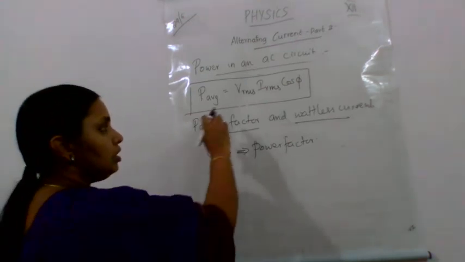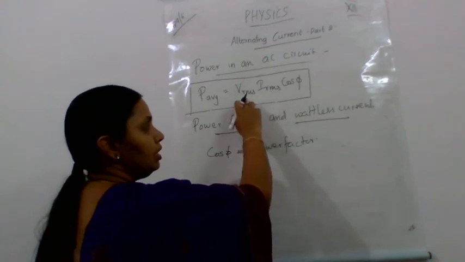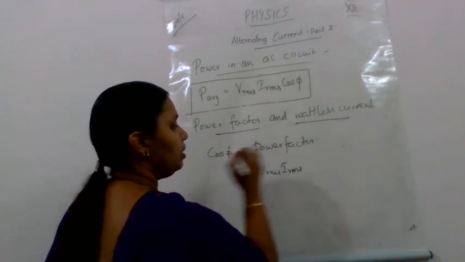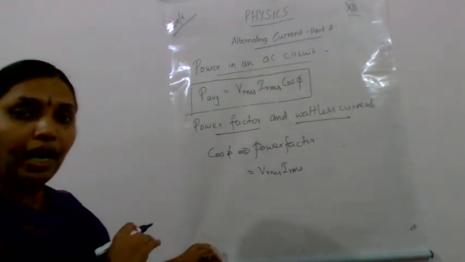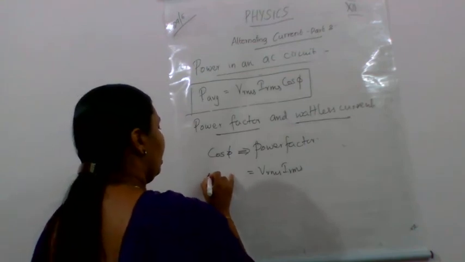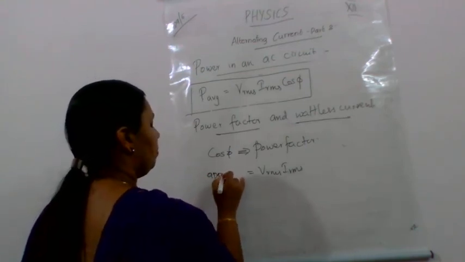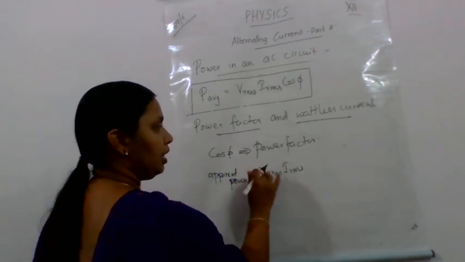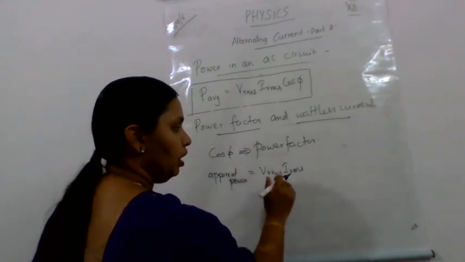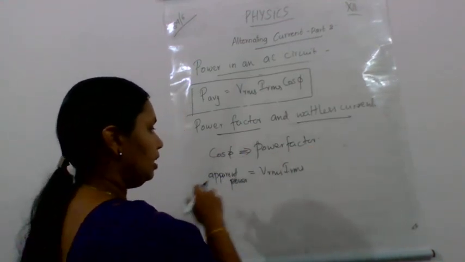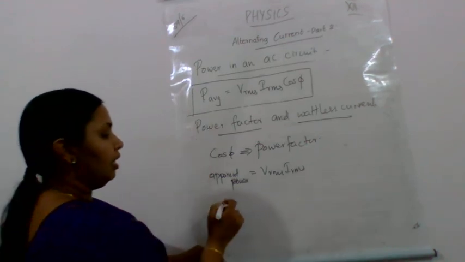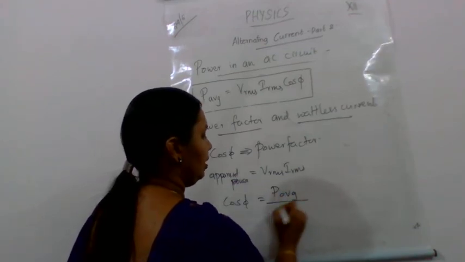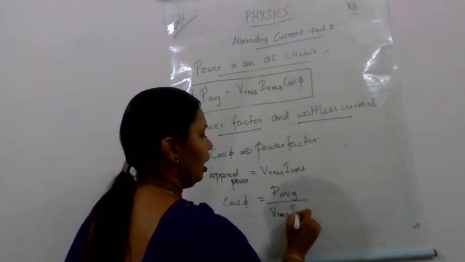The product of the RMS value of voltage and current, Vrms and Irms, is not equal to the actual power, so we take it as the apparent power. The actual power is obtained when this factor is also included. So we can define that cos phi is equal to P average divided by Vrms into Irms.